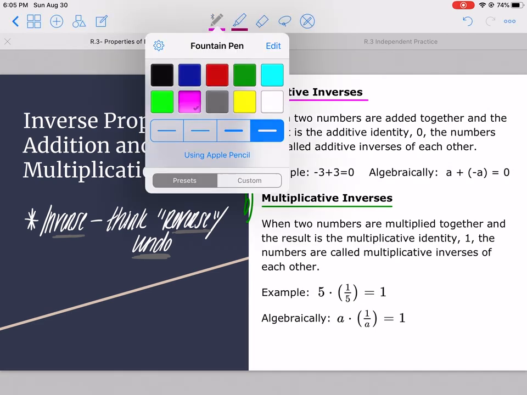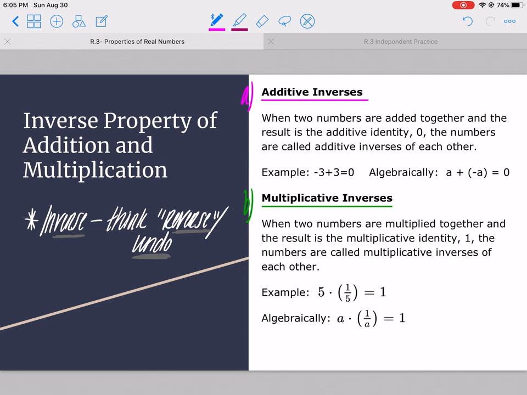So the additive inverse is when two numbers are added together to get the additive identity of 0. So basically think of, how do you reverse or undo a number? How do you kind of cancel the number that you're starting with? Well, if I have -3, what do I have to do to undo -3? What do I have to do to reverse it? Or what do I have to do to cancel it?